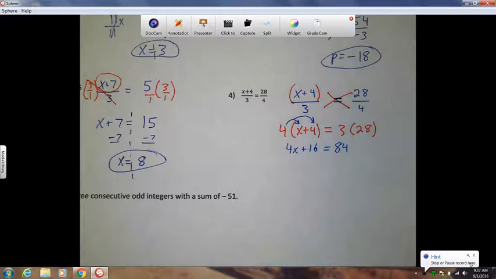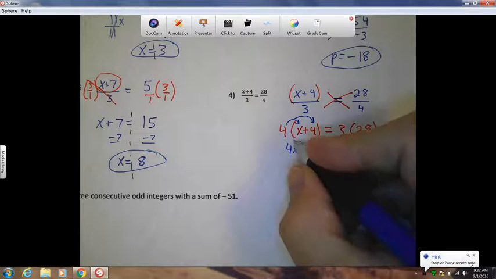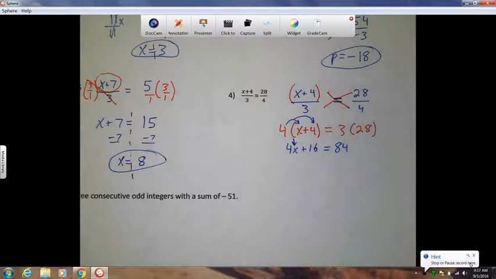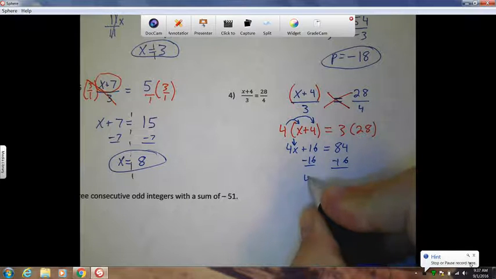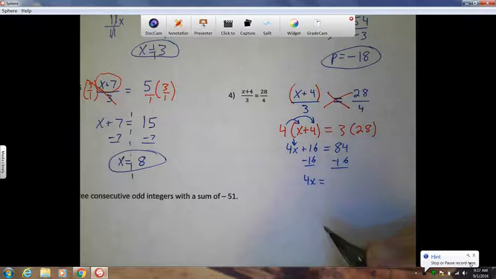Now I'm going to leave the variable term till last. Here's my variable term. Leave that till last. So I subtract 16 on both sides. When I do that, I get 68.